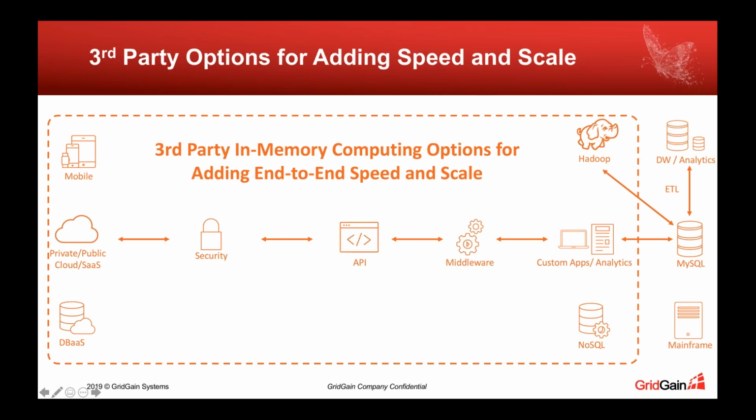So regarding those third-party options, there are a number of them. In-memory computing is something that gets used quite a bit. The most common is as an in-memory data grid that first might be used between your database and your application if your application team is building it, but could be used in other places as well.